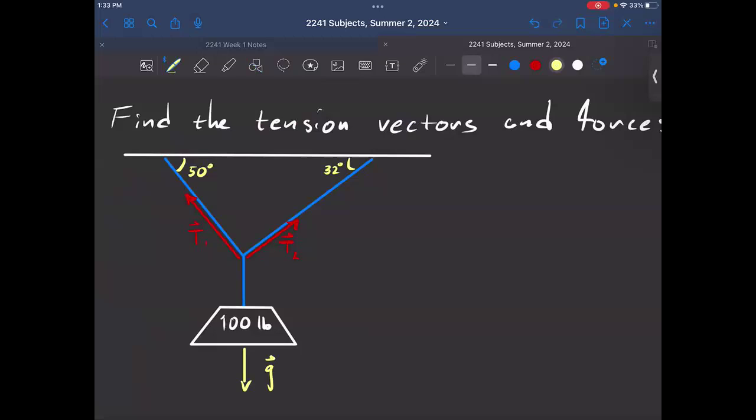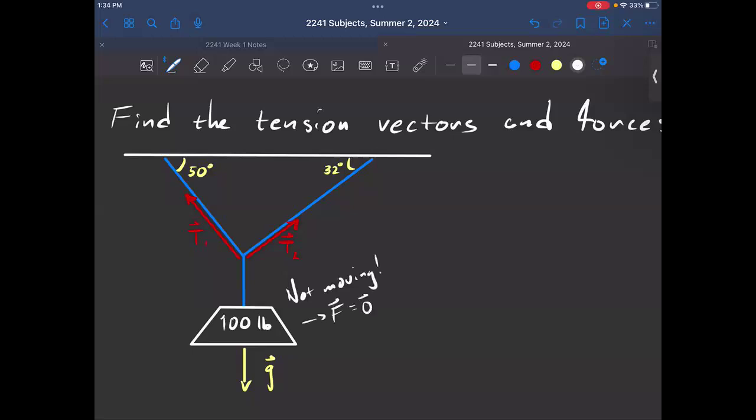All right, so what is the resultant force on this block of 100 pounds? It should be 0. The idea is that this block isn't moving, and so if you add all these vectors up, there should be a resultant vector of 0. So not moving, and that implies the final vector equals 0.